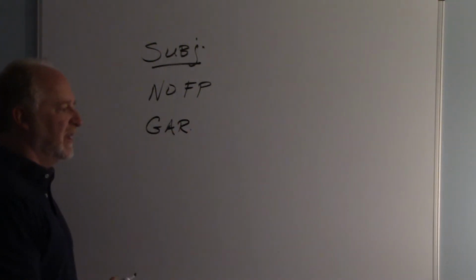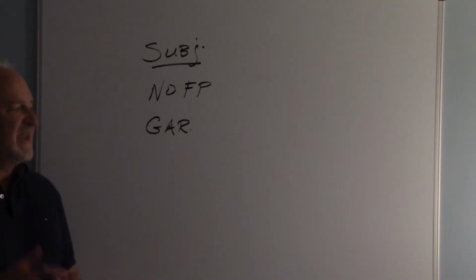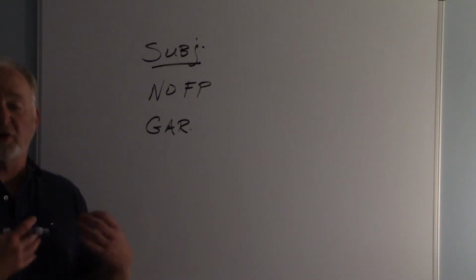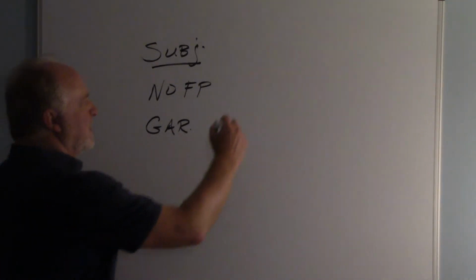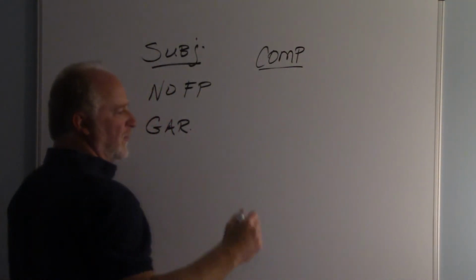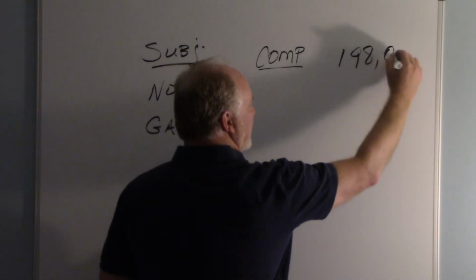I continue reading. A nearby house that recently sold for $198,000 is similar, except that it has a fireplace but no garage. This is what I would refer to as our comp, our comparable property. So the comp sold for $198,000. It's given in the problem. It's a closed sale.